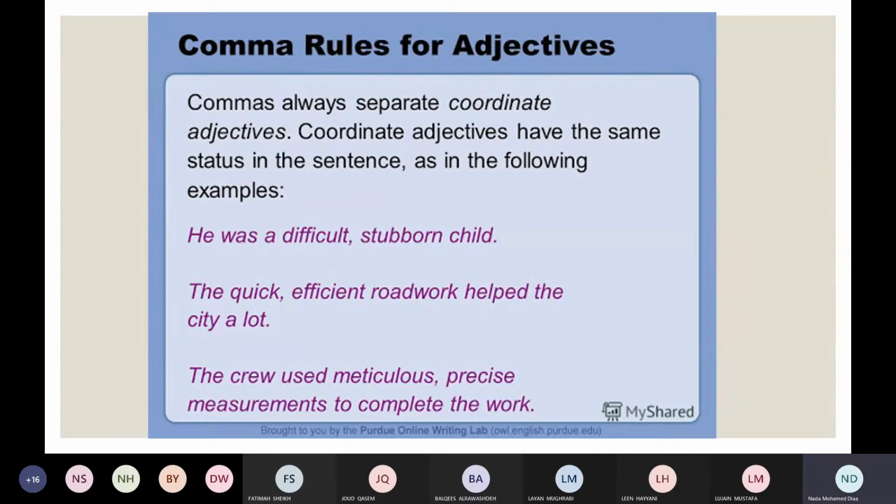When I say he was a difficult, stubborn child, or the quick, efficient road work helped the city a lot, quick is an adjective for road work, efficient is an adjective for road work, but I separate them. But I do not separate the last adjective from the noun. The crew used meticulous, precise measurements to complete the work.